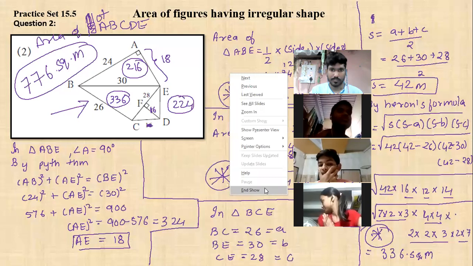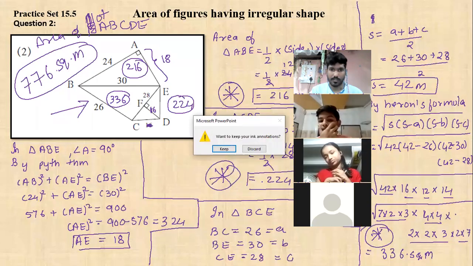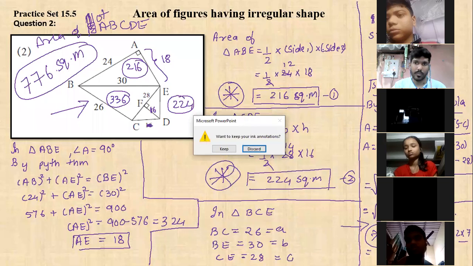Sir, second is surface area and volume. Please show the fourth one. Which one? Fourth one, practice of 15.6.